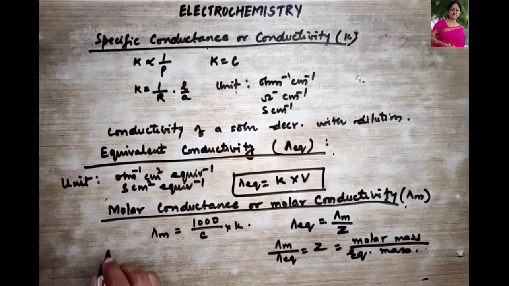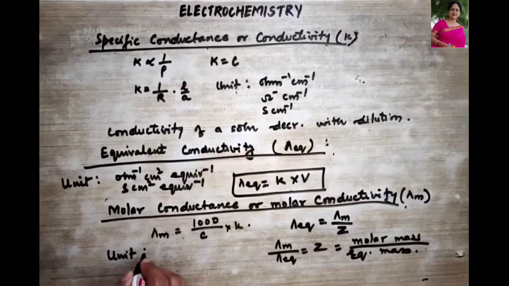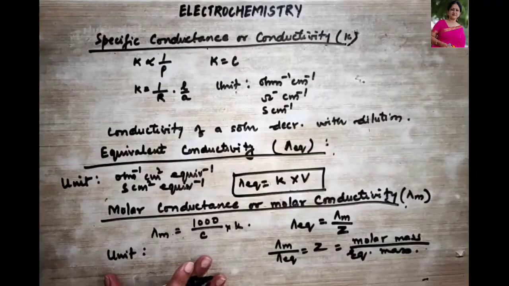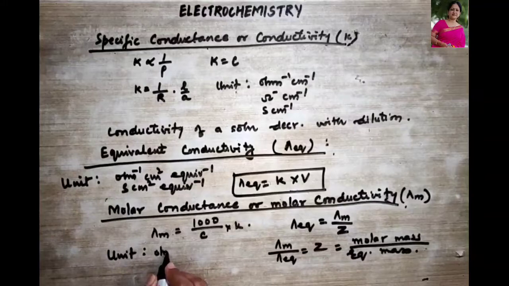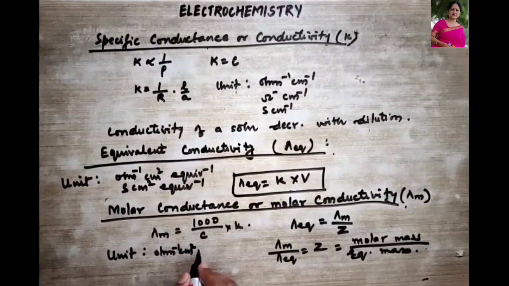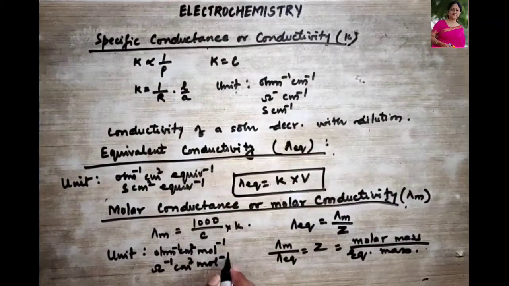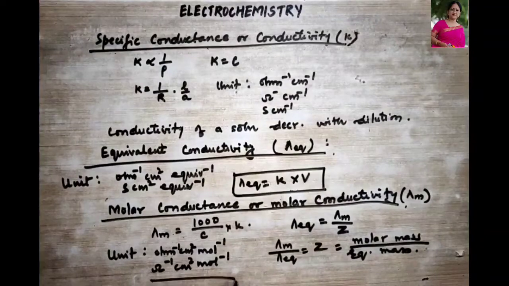Now let us understand the unit. The unit of molar conductance is per ohm centimeter square per mole. These are the two units of molar conductance.